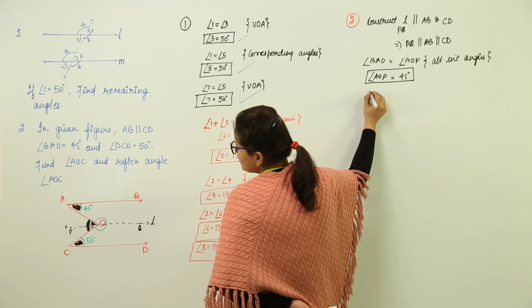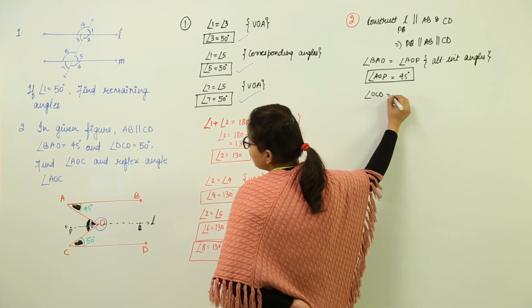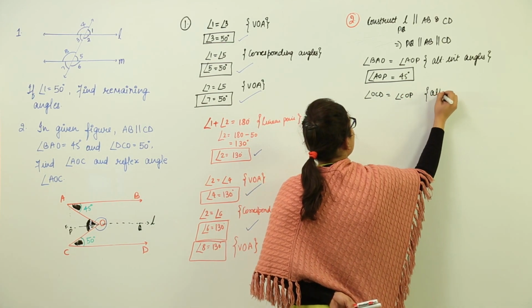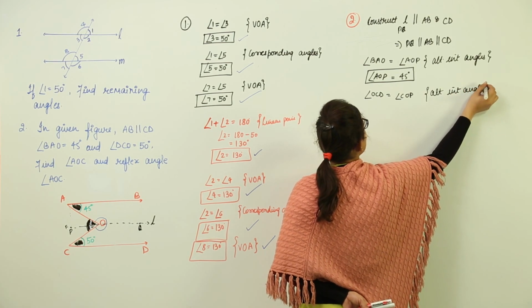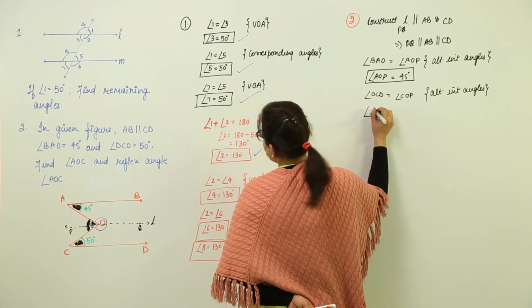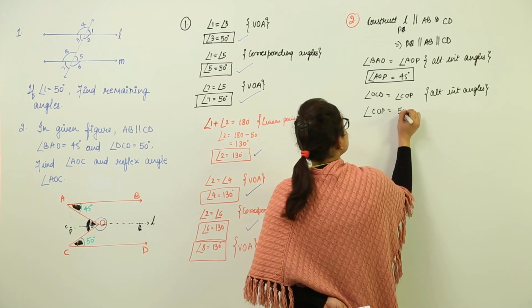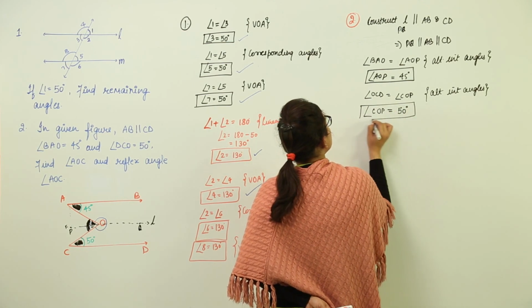Now thinking about the next step, we have angle OCD equal to angle COP, also for the same reason, alternate interior angles. And now we can come to the conclusion that angle COP is also going to be of the same measurement as OCD, which was 50 degrees. So we have the two measurements.